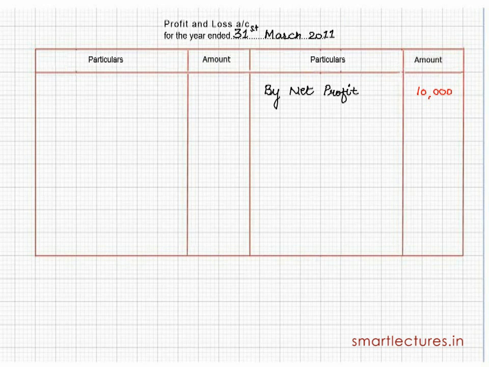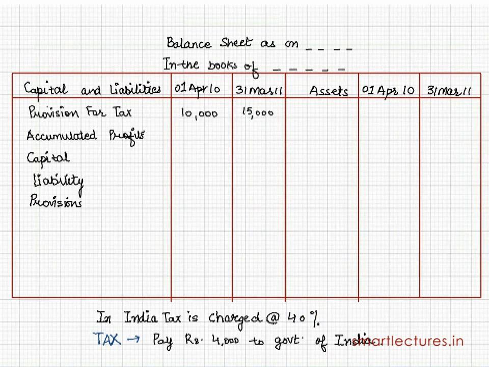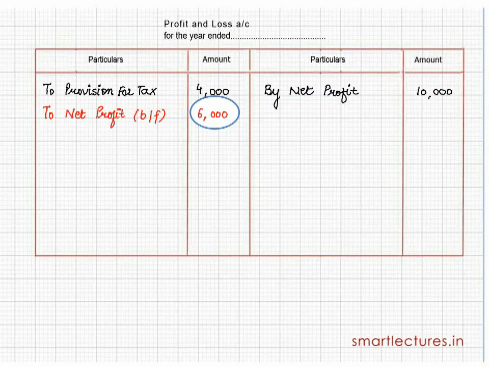So this firm has made a profit of rupees 10,000, and suppose in India, for example, the tax is charged at 40%. As per your books, the net profit is rupees 10,000, so you will have to pay 4,000 as tax to the Government of India. So I will show the net profit on the credit side, then to provision for tax rupees 4,000, to net profit 6,000, and the profit and loss account is closed.